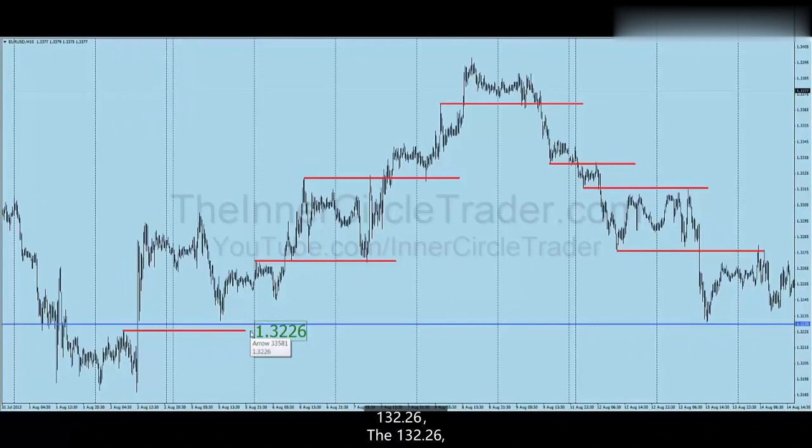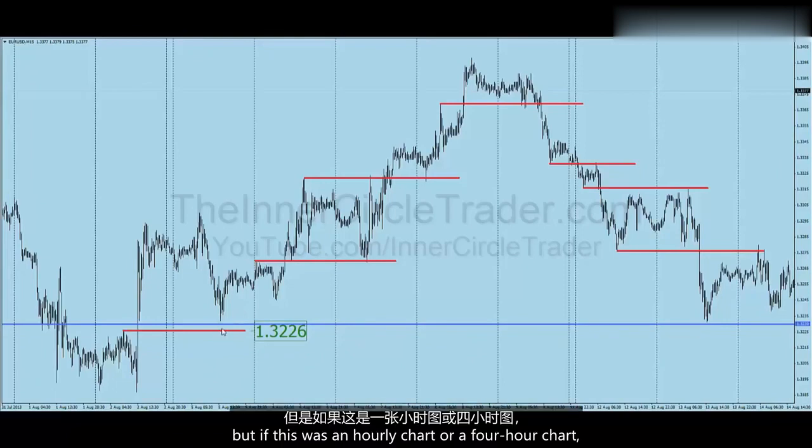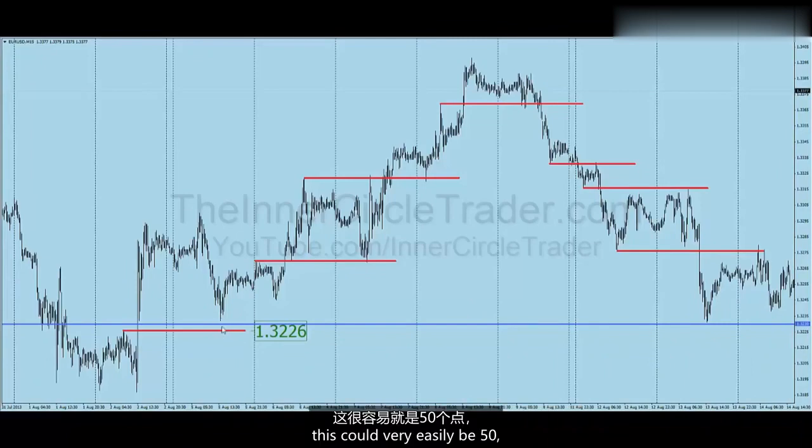It's the 132.26, and this is the 132.30 level. So it's not much in terms of pips, but if this was an hourly chart or a 4-hour chart, this could very easily be 50, 60 pips different, any number of pips, greater than the less than 10 here.